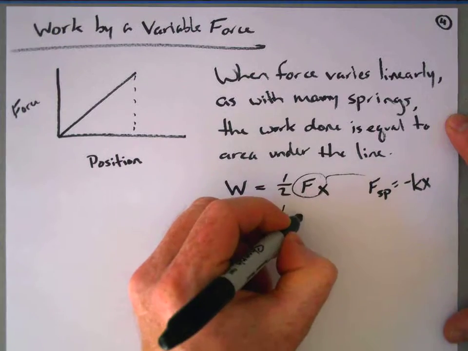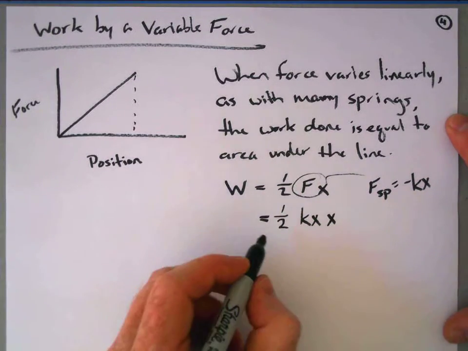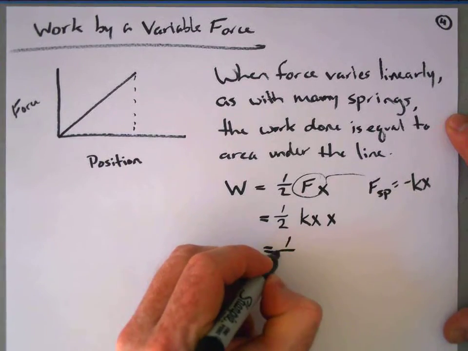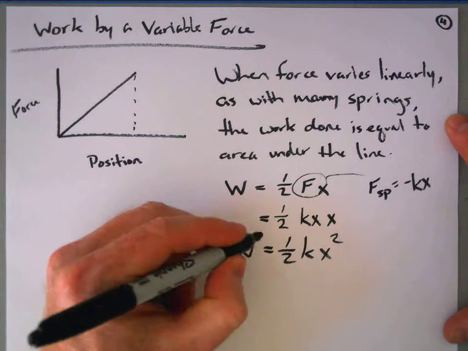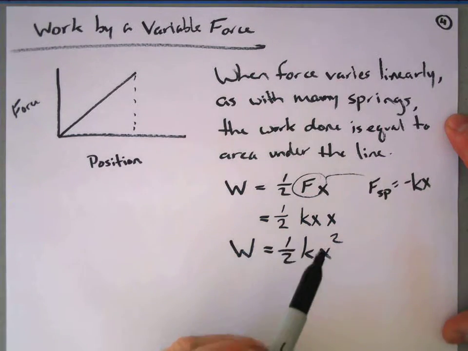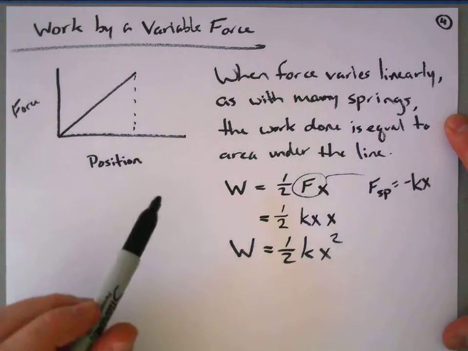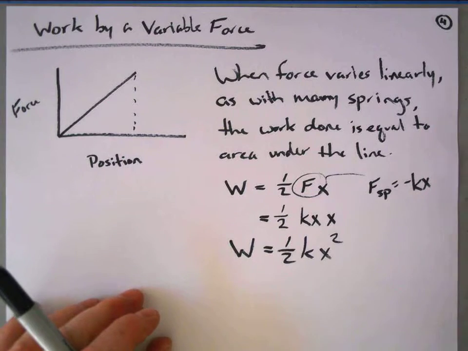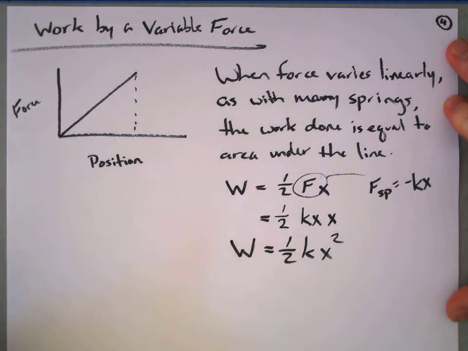We have 1/2 times the magnitude of that force, kx, multiplied by the distance traveled. So if we simplify, we see that the work done by this variable force is 1/2 kx squared. And this is typically the work done by a spring or the work done on a spring, depending on how you're looking at things, if the force is applied to the spring or if it is a force that the spring applies to something else.